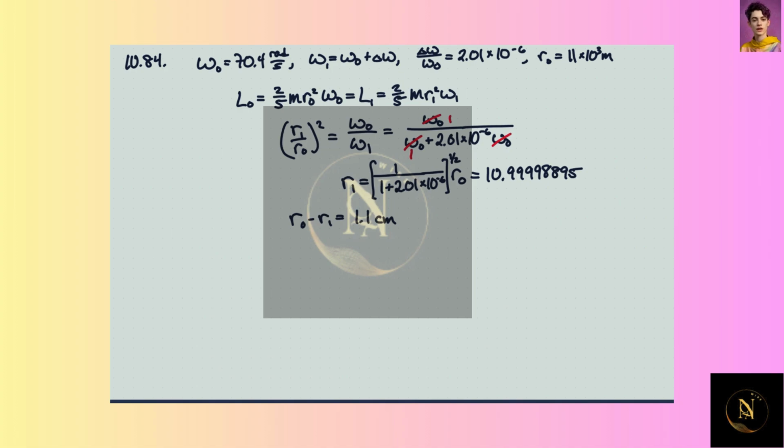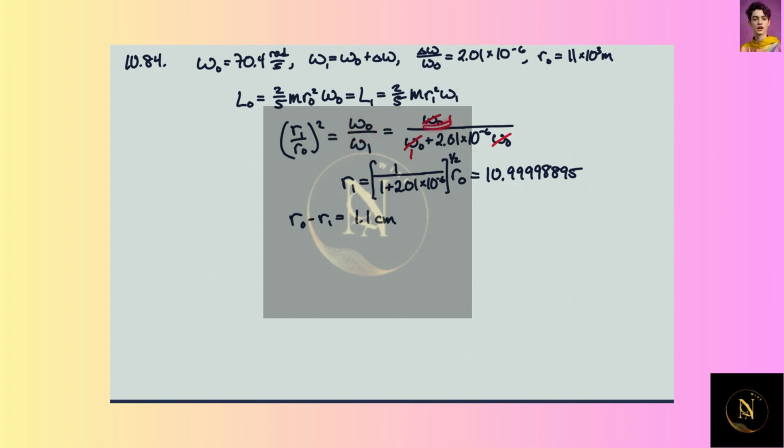So conservation of angular momentum says, if we assume the neutron star is a uniform sphere, that initial angular momentum equals final angular momentum, which tells us that the ratio of the radii squared equals the inverse of the ratio of the angular velocities.